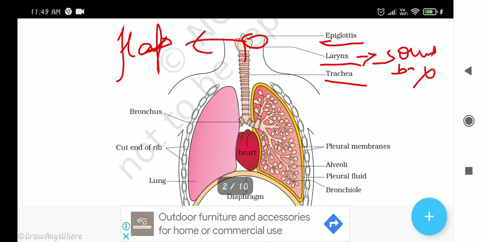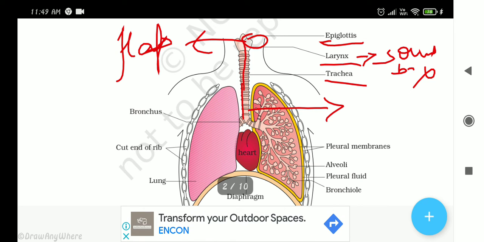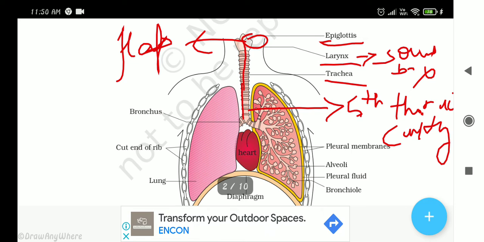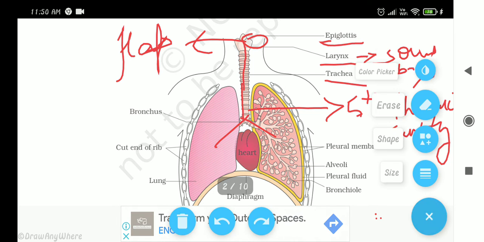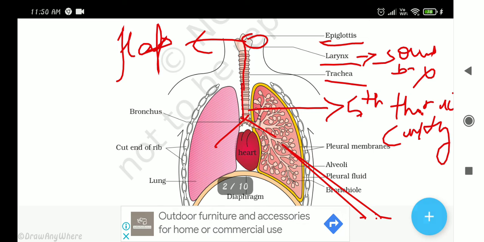Then it goes to the trachea, then into the fifth thoracic cavity, where it gets divided into two, left and right bronchi. Then, from the primary bronchi, come the secondary, then the tertiary bronchi, then it gets converted into bronchioles, and there is the alveoli.